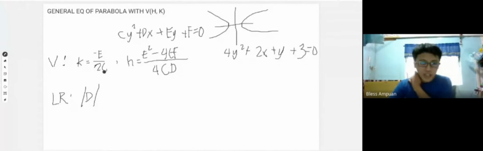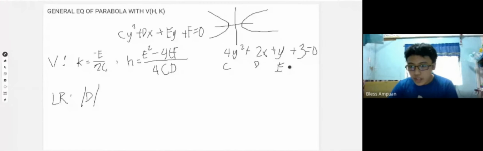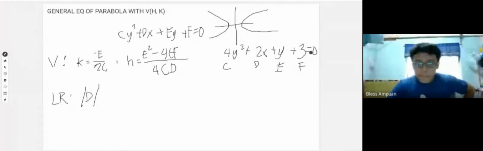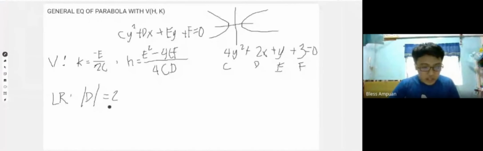To solve for the latus rectum, this is our c, this is our d, this is our e, and this is our f. Our d is 2, so we can say that our latus rectum is equal to 2, because this is our d. Then the focal length, what is the focal length?